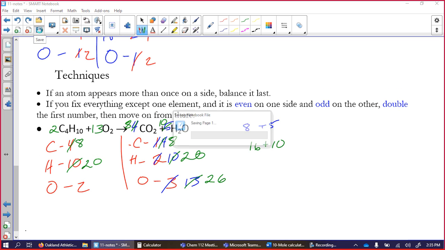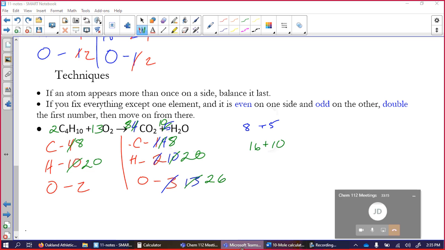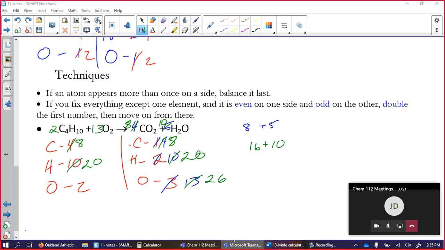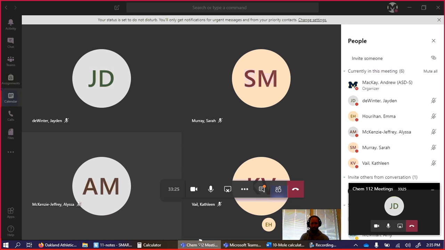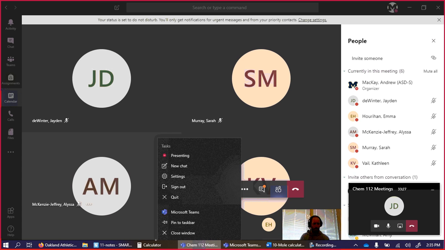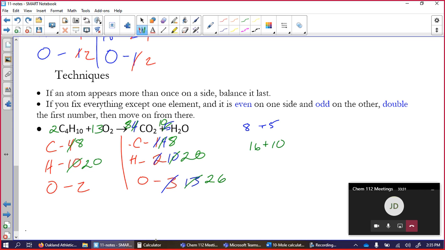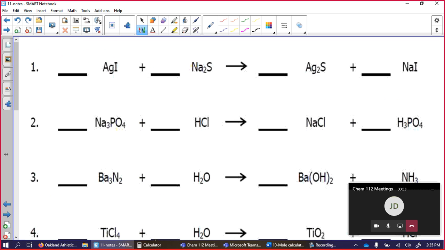So that's a quick introduction to balancing equations for the handful of you that are here, that are always here, or your internet. You guys are the ones whose internet is better. Balancing equations is like naming, it's all about practice. So there are 3 pages.